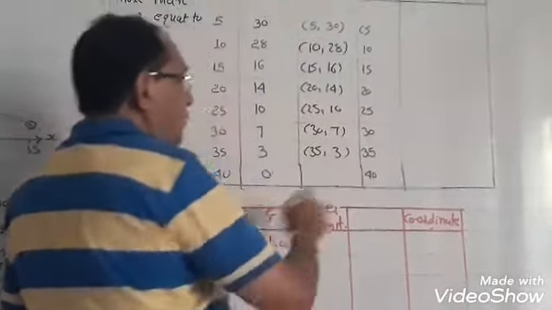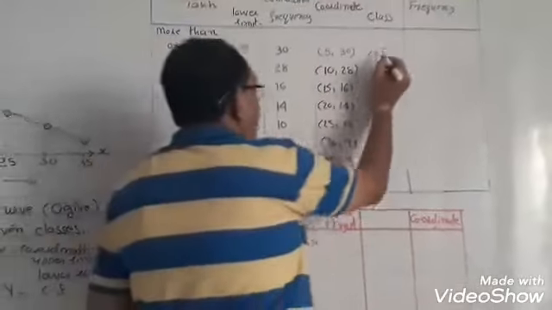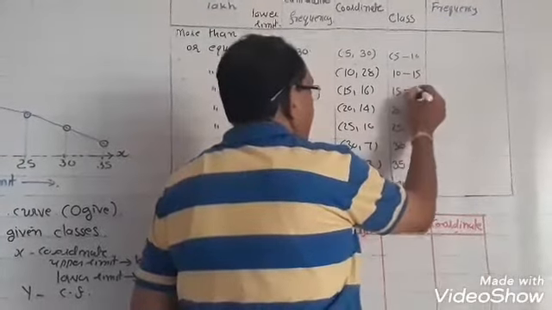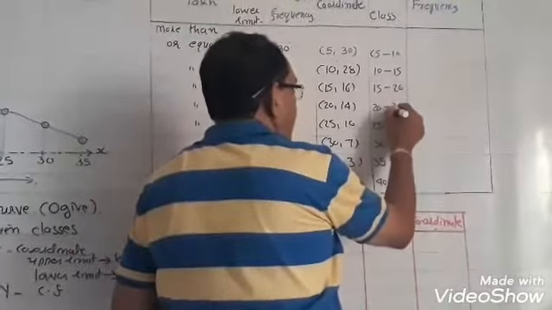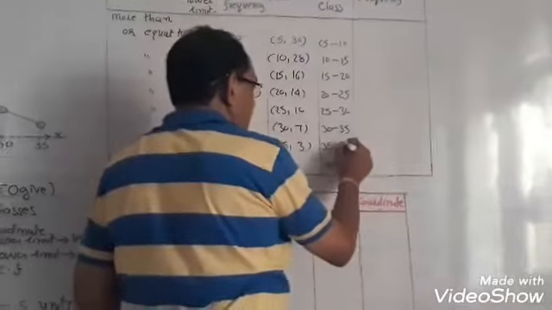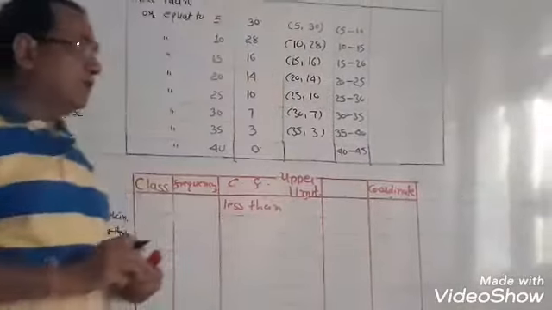That is your lower boundary. So what is your upper boundary? 10, 15, 20, 25, 30, 35, 40. That is actually not necessary.